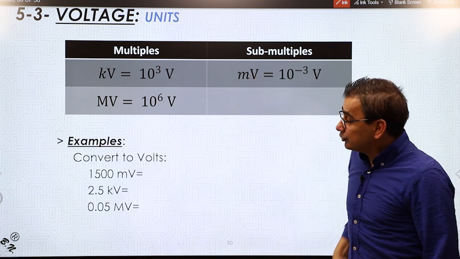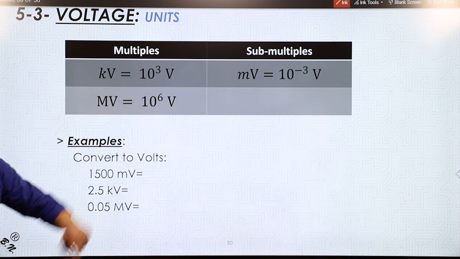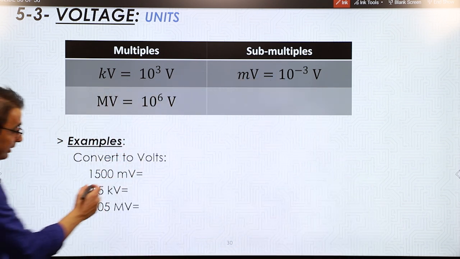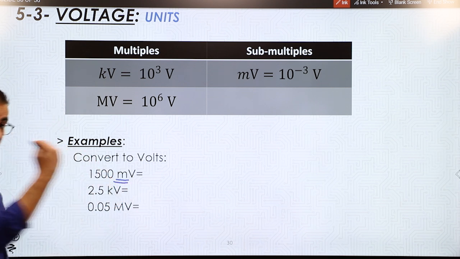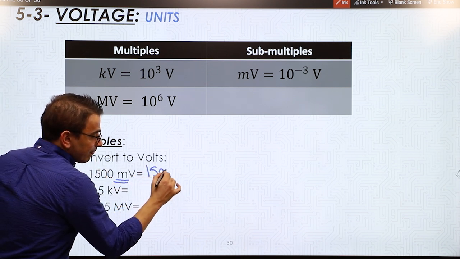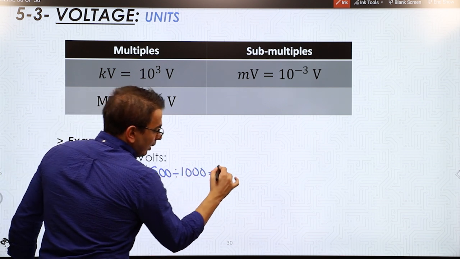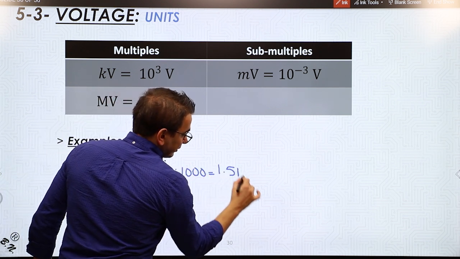An example, if you want to convert these, 1500 millivolt converted to volts, as we said before. Take the milli, which is divided by 1000, and write 1500 divided by 1000 to become 1.5 volt.